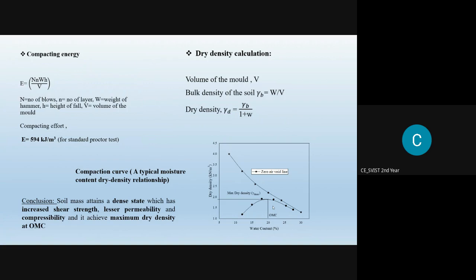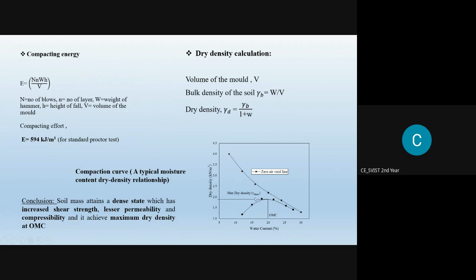So the density is getting lesser. This is called the wet side. So this is the compaction curve.